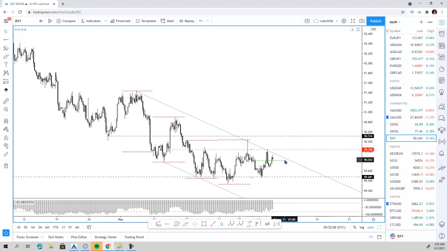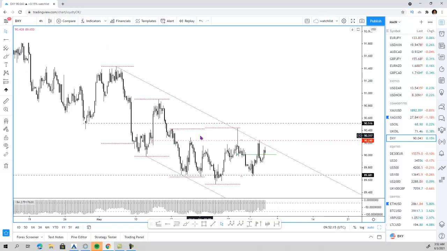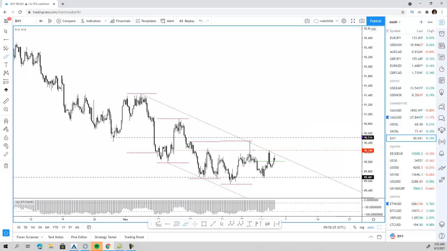So this is the big short-term make it or break it level, but still, if price breaks above it, we will still look for sales around the 90.45 to 90.50 level.